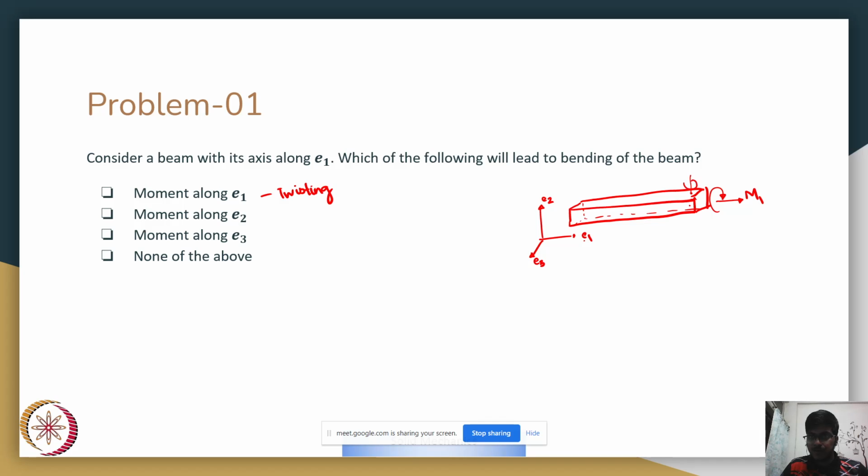So this is your moment along E2. If we apply this load, our beam will curve in this direction, like this. So this will cause bending, and the beam would be curved in the E2 E1 plane.